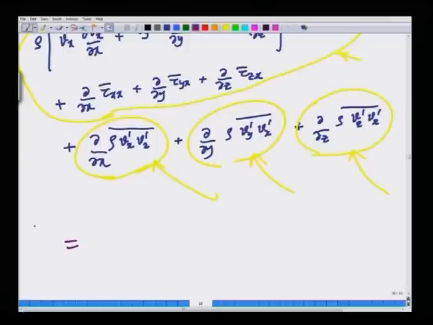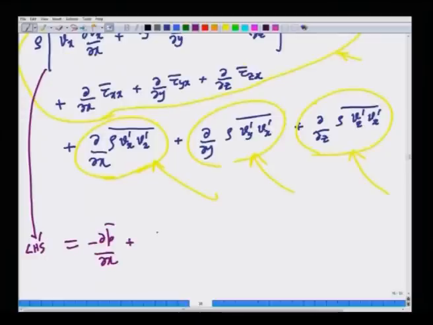as, sorry, the left hand side remains the same, the right hand side can be written as minus partial P̄ by partial x, plus partial by partial x of τxx minus, I am sorry, there is a minus sign here in all these quantities. Okay, so let us put the minus here. In all these quantities there is a minus sign.